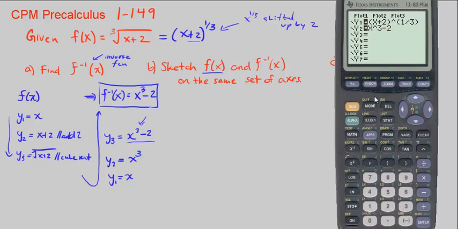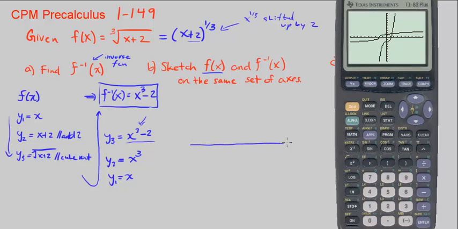Okay, so these are both functions. Let's graph them. So this one looks like our first one, x plus 2 to the power of 1/3, and this one is x cubed minus 2. So let's graph these on the same axes, meaning on the same x and y axis. So here's our x-axis, our y-axis.